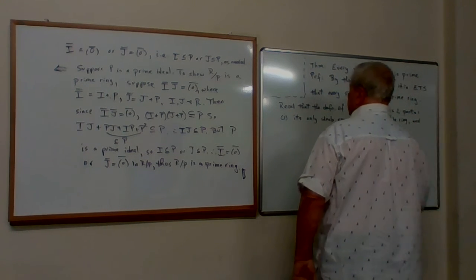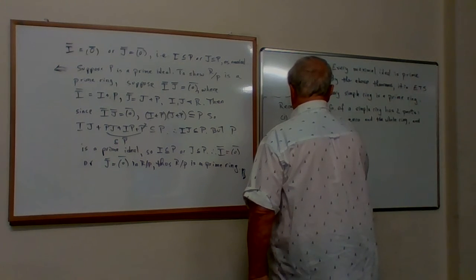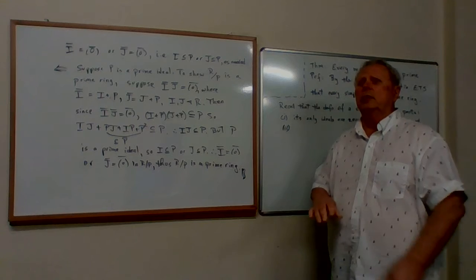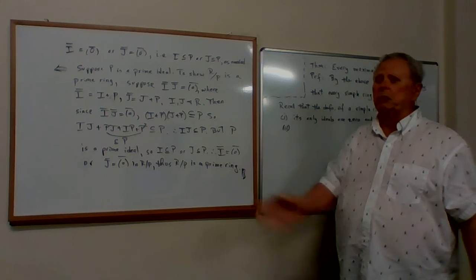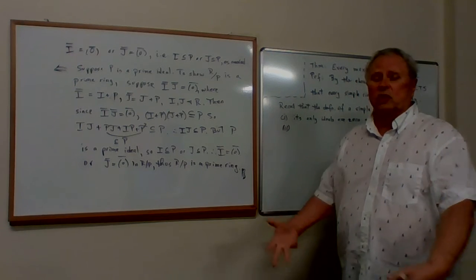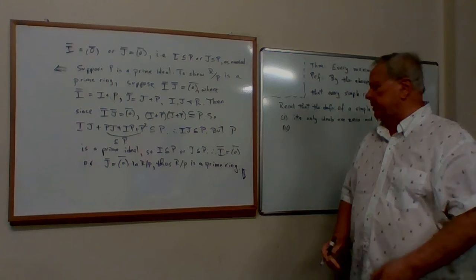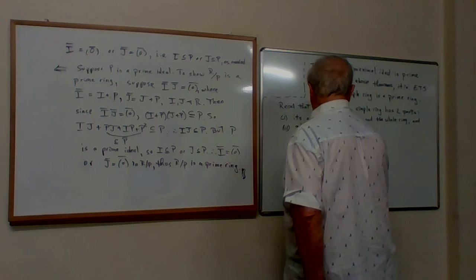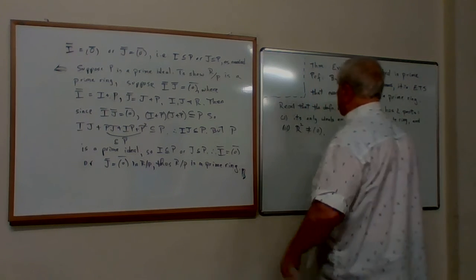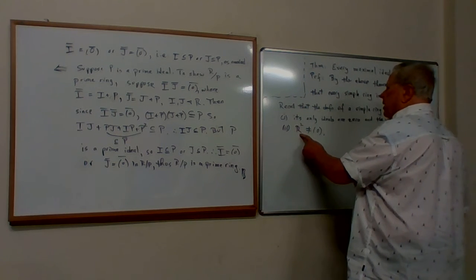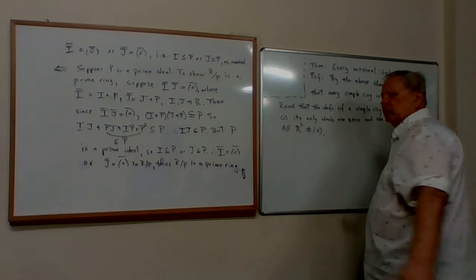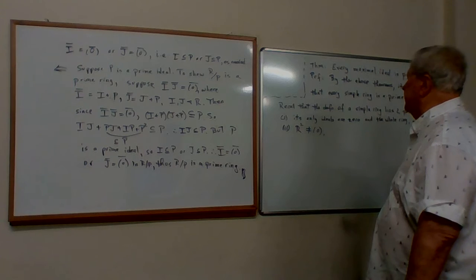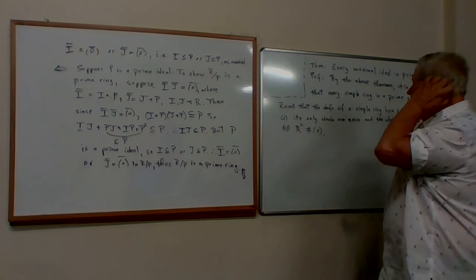And secondly, the multiplication is not trivial. In other words, A times B can't be 0 all the time for all the A's and B's. There's just no multiplication at all. That can't be true. And we write that as R squared is not 0. Something in R times something in R cannot always give us 0. There's got to be some non-zero products in here someplace. Okay? So that's the definition of a simple ring.